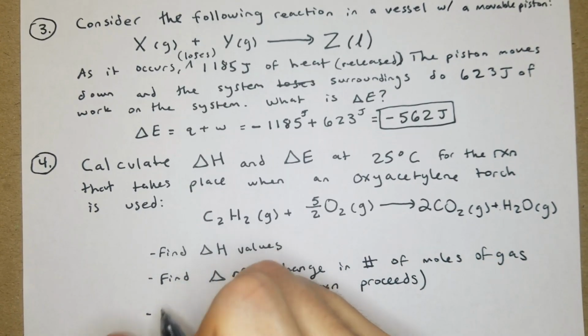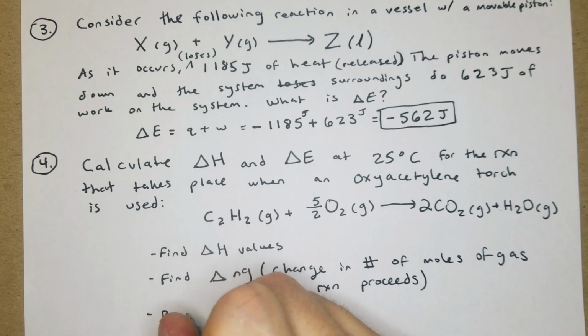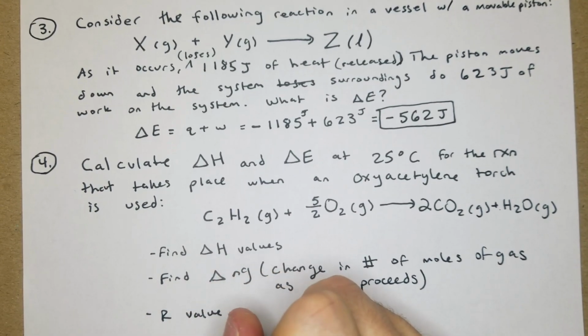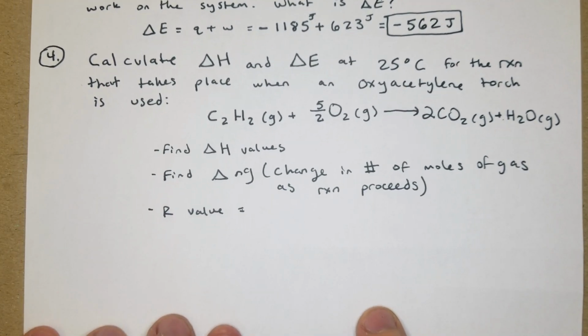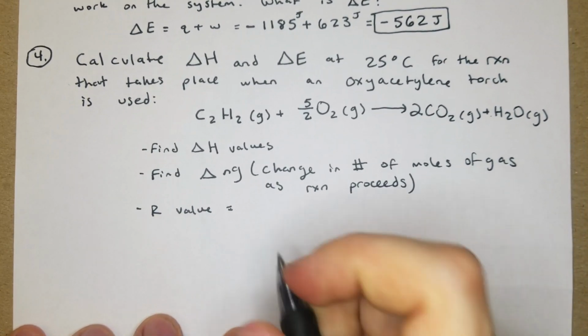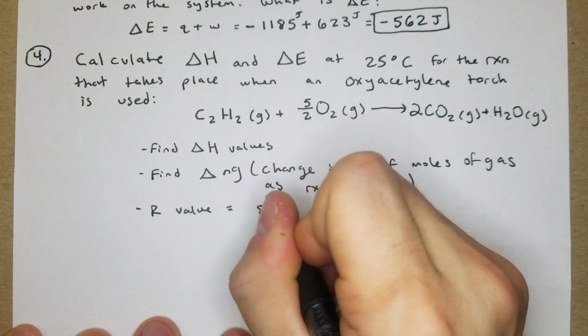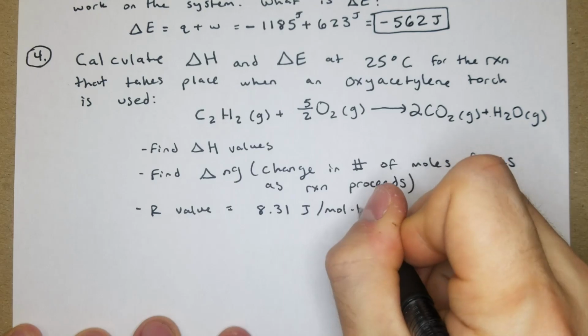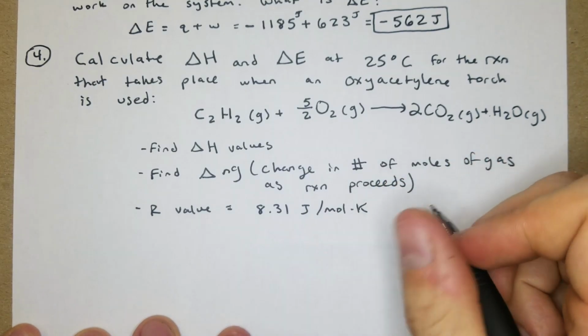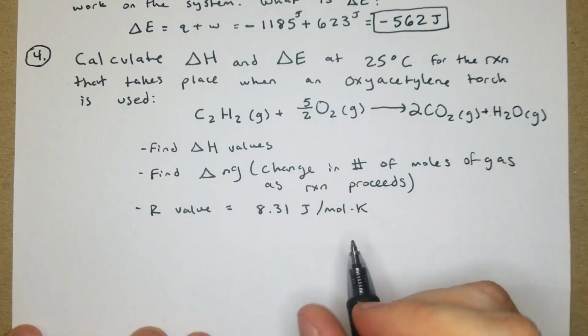I'm mapping out some of the important things to know. Our R value is going to be 8.31 joules per mole times Kelvin, anytime energy units are involved.